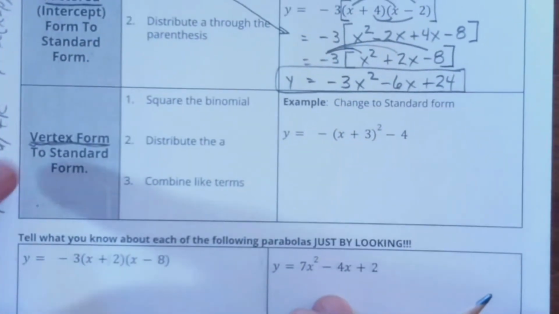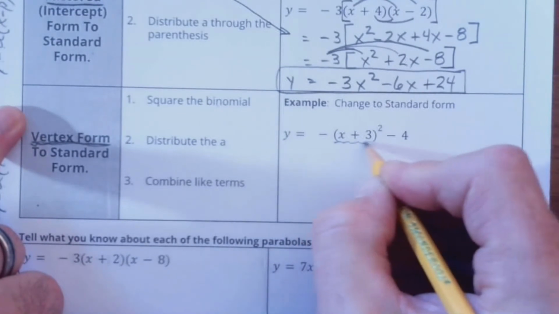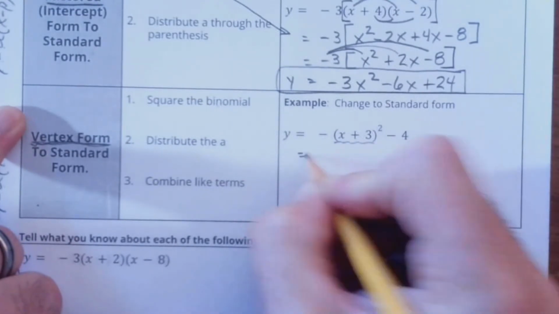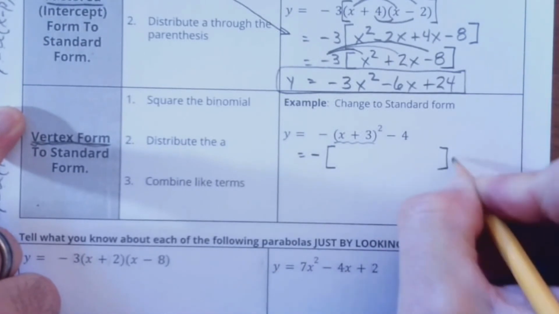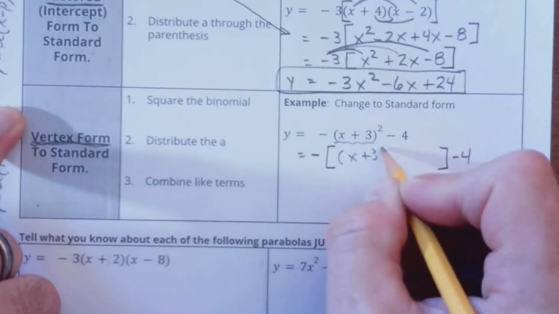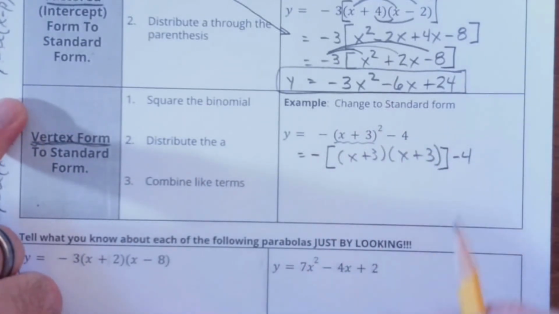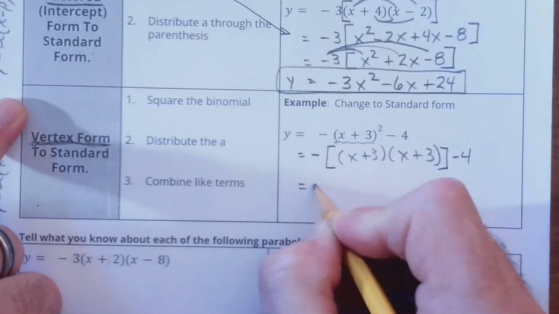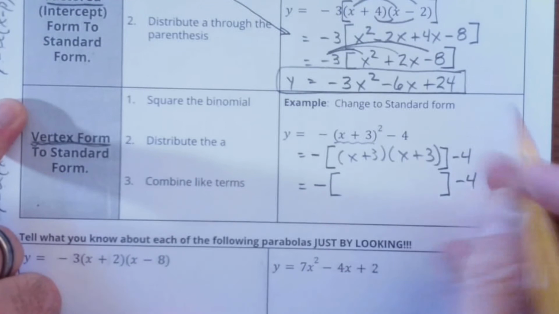So step number 1 is to square the binomial. That means this. So we are going to rewrite this as so. X plus 3 times x plus 3. That is squaring the binomial. So let's do that.